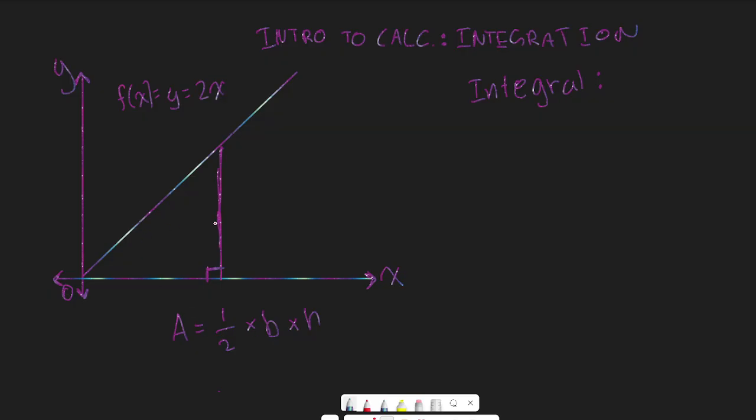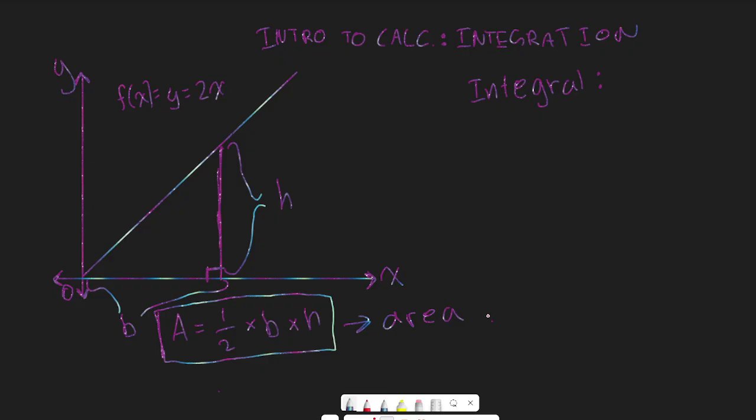So now, in this case, what is our height and what is our base? This over here on our y-axis would be our height, and this over here on our x-axis would be our base. And let's just box this so you guys don't get confused. Okay, so this is our area formula, and this is our base, and this is our height.